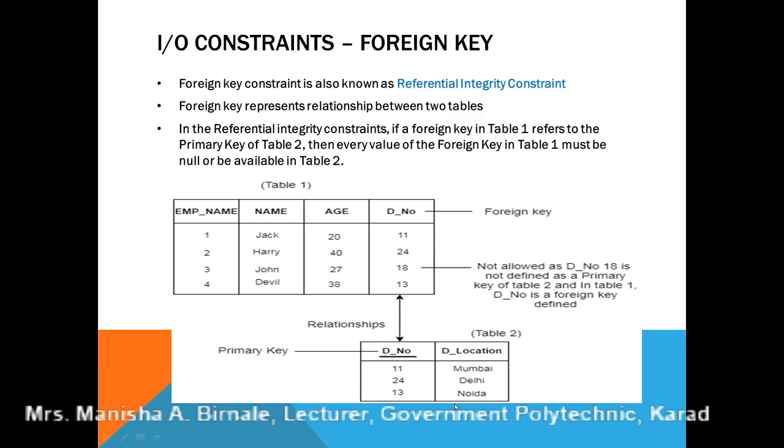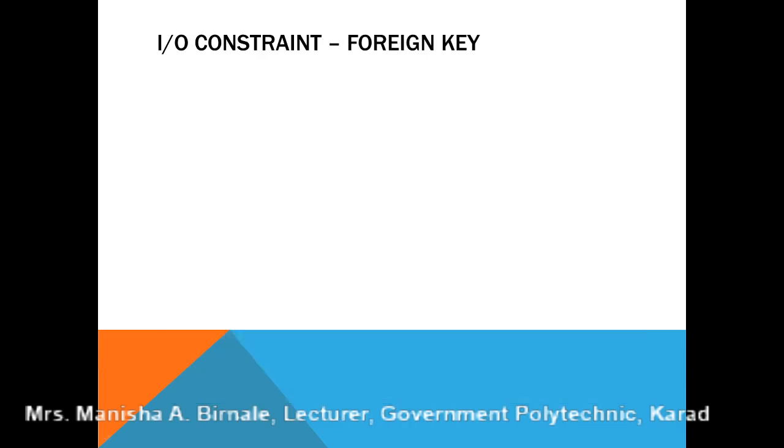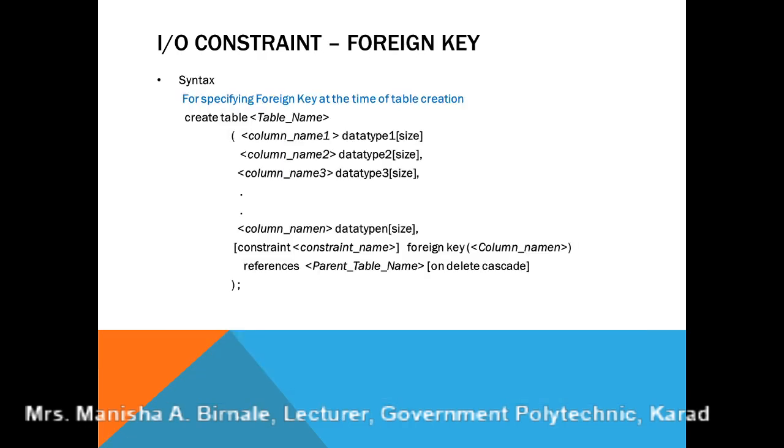referred to by the child table also, and if the on delete cascade clause is not used, then when the user is trying to delete some record from the parent table which is referred by the child table, an error will occur. Means you cannot delete that record from the parent table because that record is being referred by the child table. So that is the meaning of the on delete cascade clause.